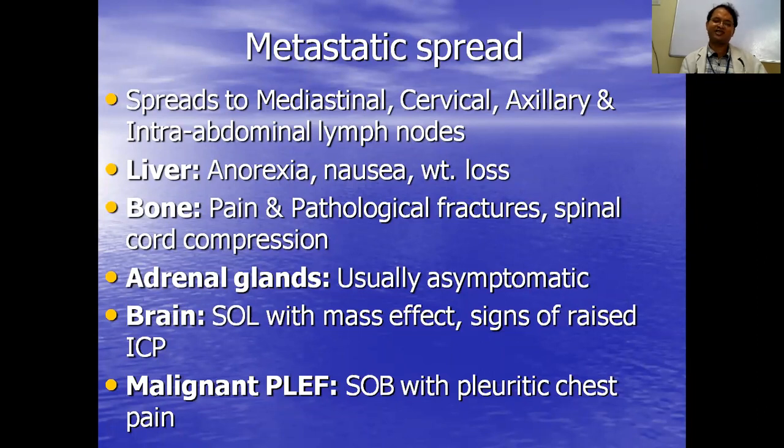Due to this mass effect, there will be rise in the intracranial pressure, and the patient might suffer from seizures, headache, and loss of consciousness. Malignant pleural effusion can lead to shortness of breath and pleuritic stabbing chest pain on the same side.